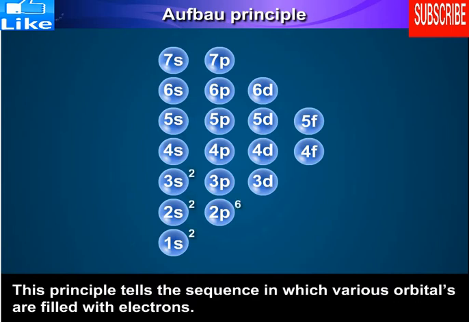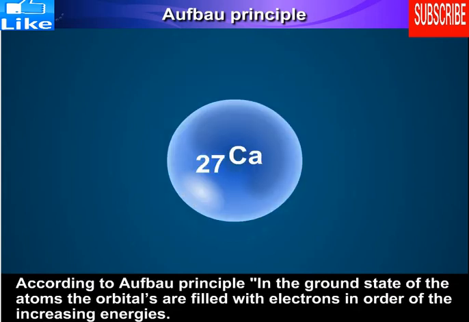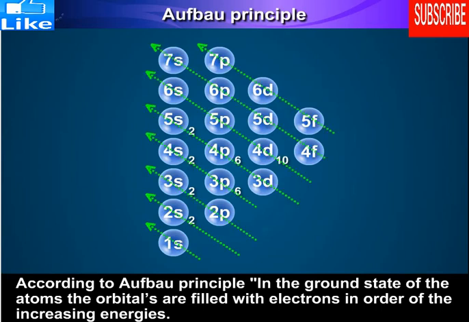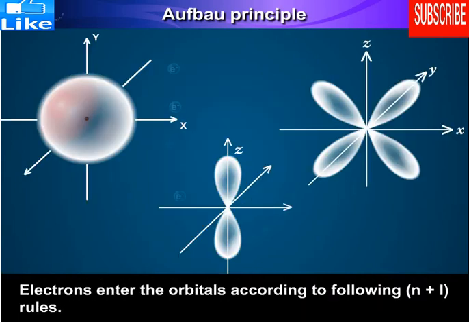This principle tells the sequence in which various orbitals are filled with electrons. According to the Aufbau principle, in the ground state of the atoms the orbitals are filled with electrons in order of increasing energies. Electrons enter the orbitals according to the following n plus l rules.